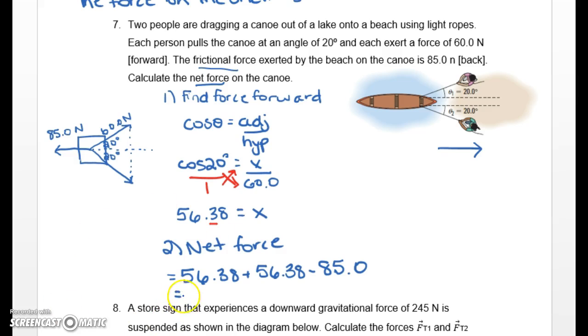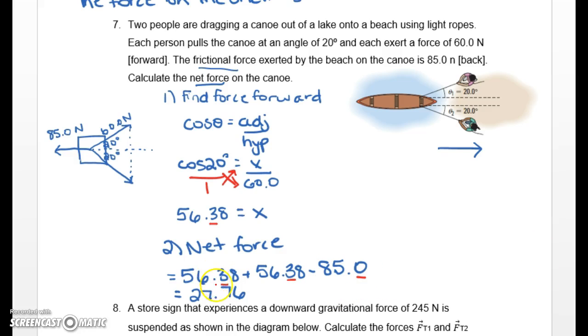If you can do that in your head, or if you want to slap that into your calculator, we should get 27.76 as our answer. And then just to keep track of sig figs there, here we're doing the adding subtracting rule, so we have to work with our least precise measurement.